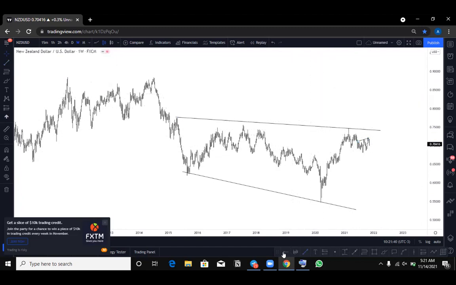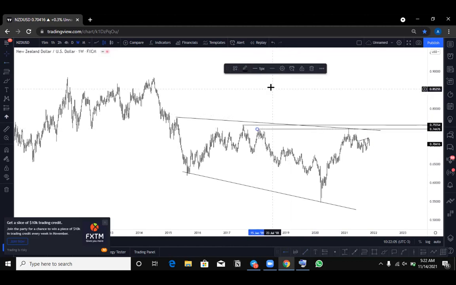I'll sell, we have a significant level somewhere here, and we have something somewhere here. You look at where price has been turning.